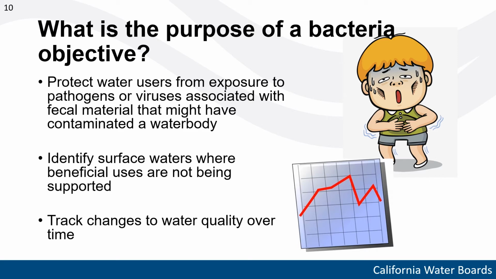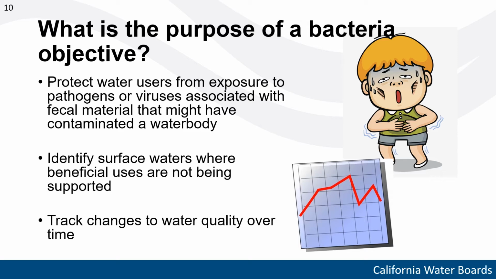As the 20th century continued, scientists began to understand the importance of monitoring the bacterial quality of recreational waters because they saw people getting sick after bathing at beaches, in lakes, and in rivers and creeks contaminated with sewage. Bacteria objectives have evolved to be important thresholds to protect human health.